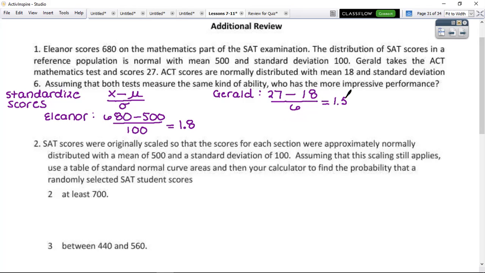He still scored above average, but who did better? Eleanor, yep. So we're gonna say Eleanor has a higher z-score, thus performing better. So she has a higher z-score, indicating better performance. They're pretty close.